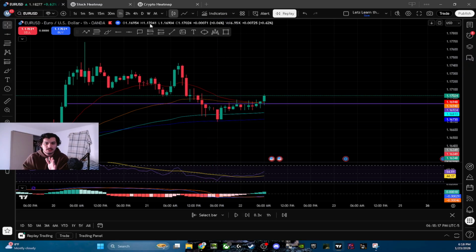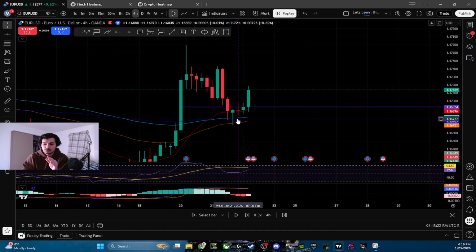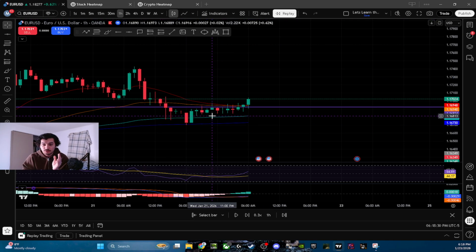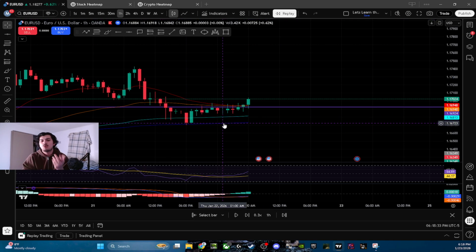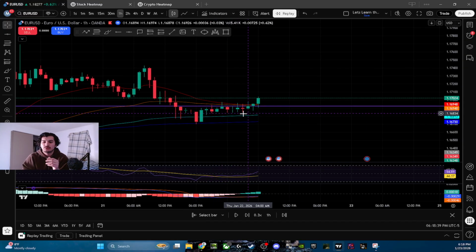Now if you go back to the 4 hour, you can see that this red candle, 9 p.m. This is 4 hours. So four 1 hour candles is one 4 hour candle. All right. So you can see that price range.